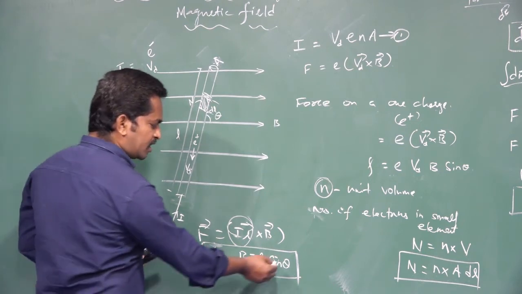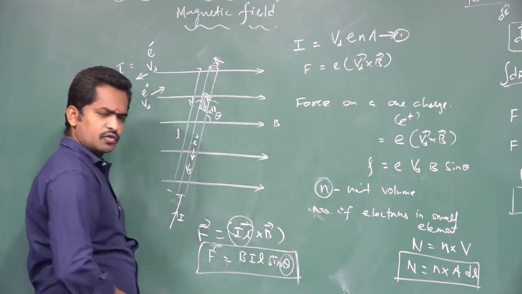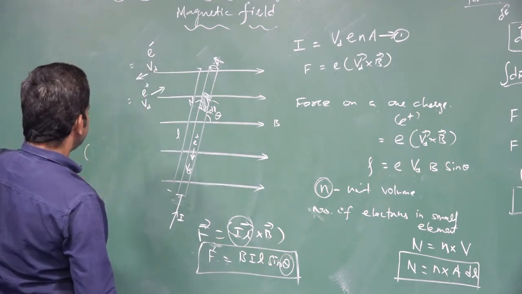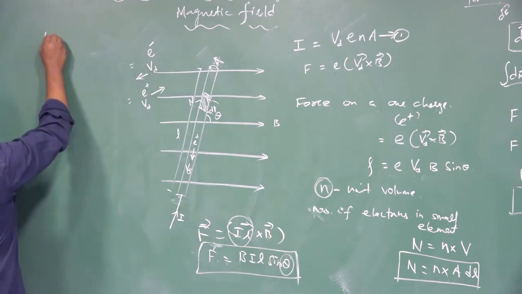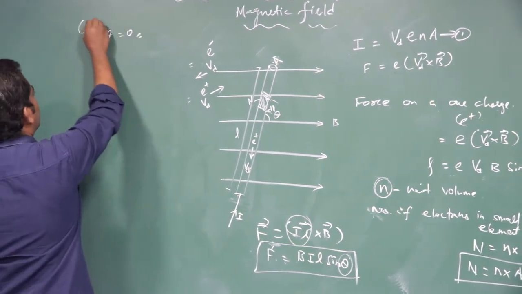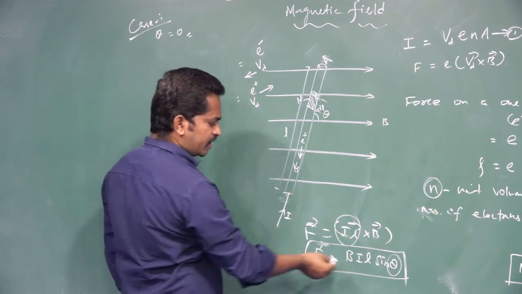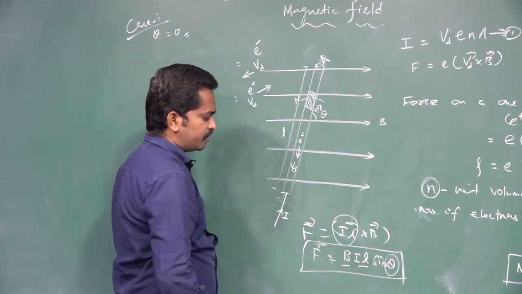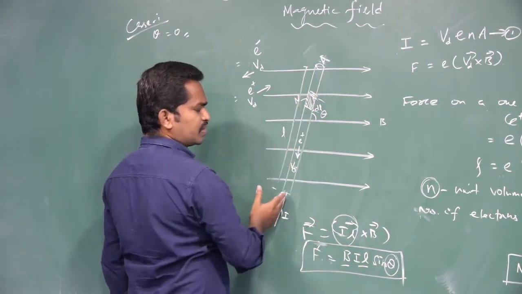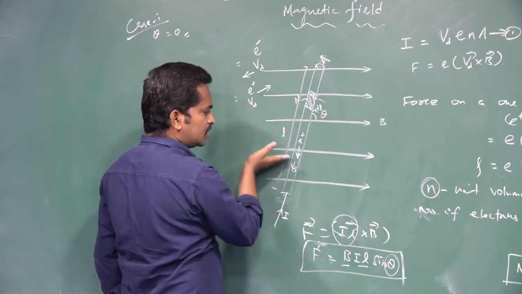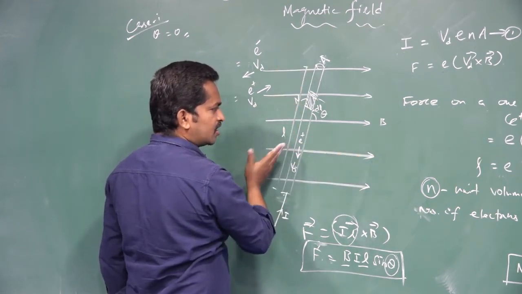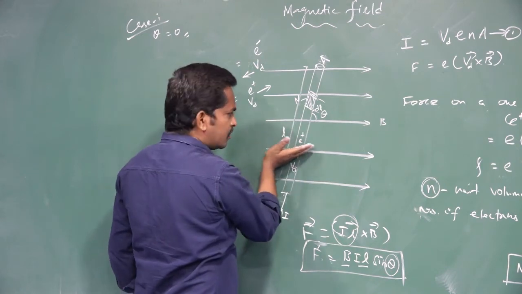Next, F is equal to BIL sin theta. What happens if theta is equal to 0? In case 1, theta is the angle between IL and B. IL vector is the length of the conductor, and B is the field.